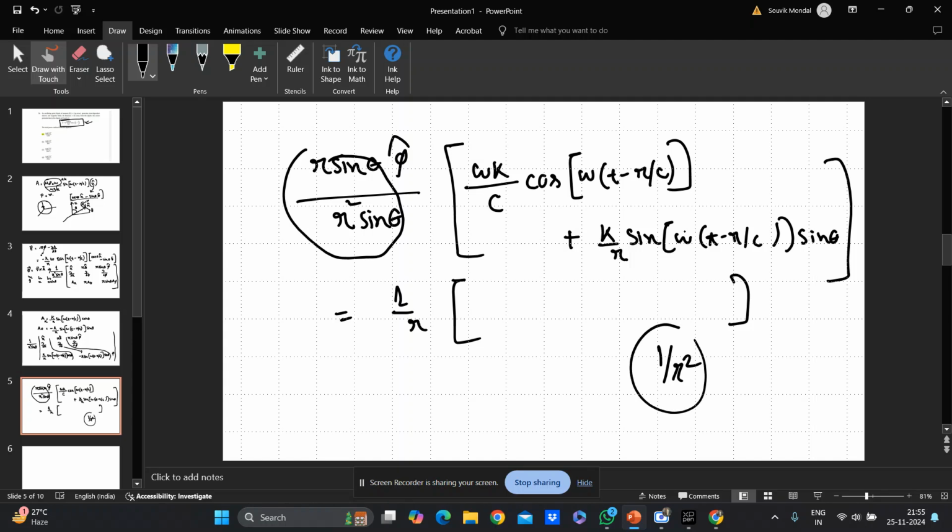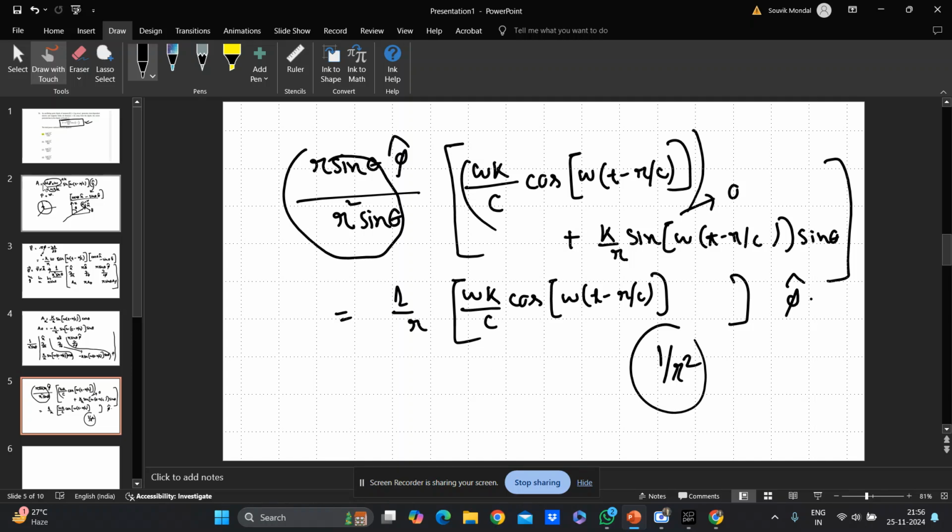So this term contributes nothing to the radiation field, because we know the radiation fields should be proportional to 1 by r. That's why the total intensity is independent of distance. So we can neglect this term, and only this term will contribute. So omega k by c cos omega t minus r by c, and don't forget this is phi hat.